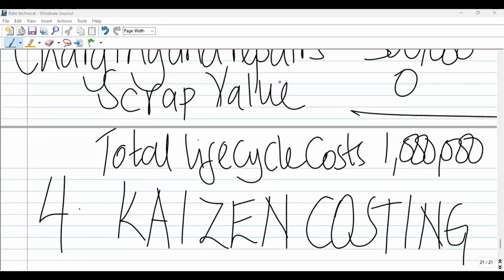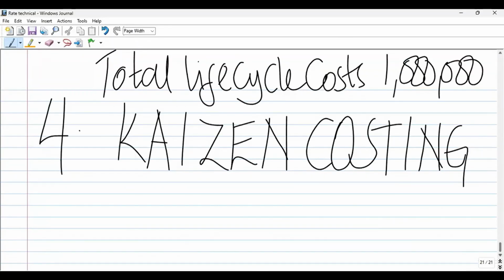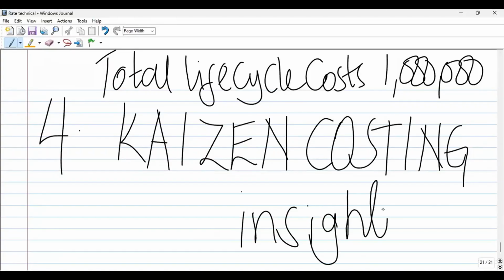They are closest to the manufacturing process, and customers are likely to have greater insights into how costs can be reduced.